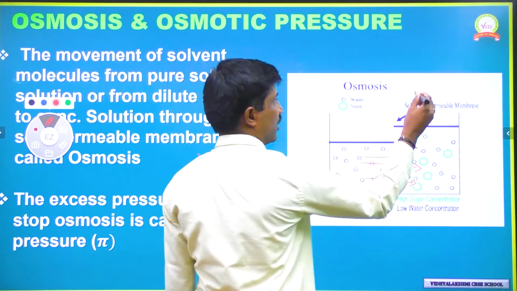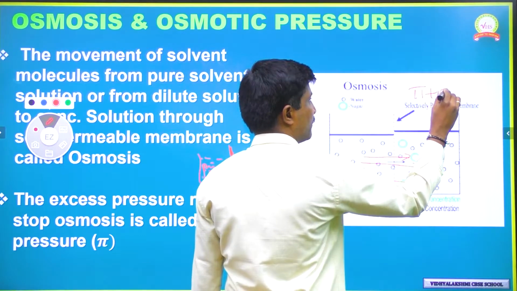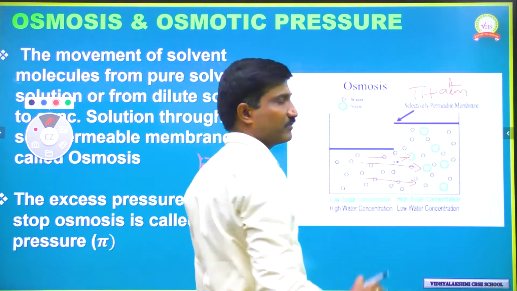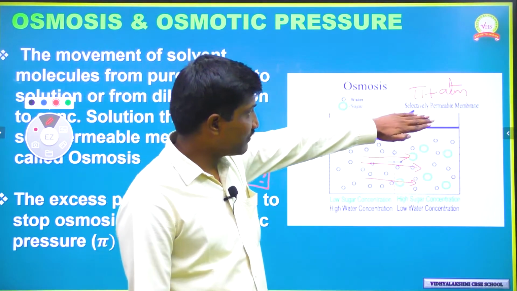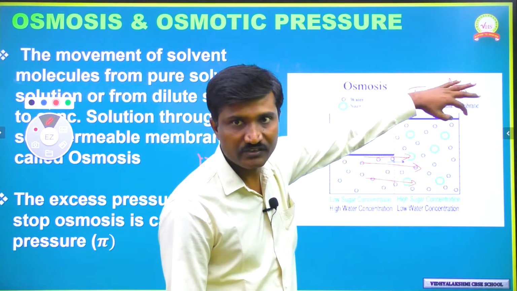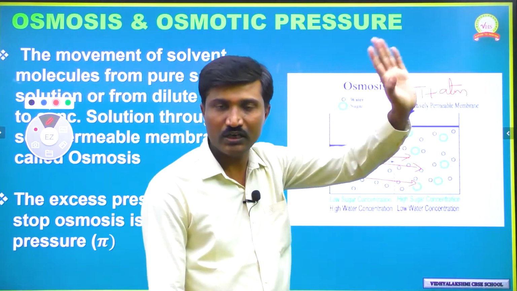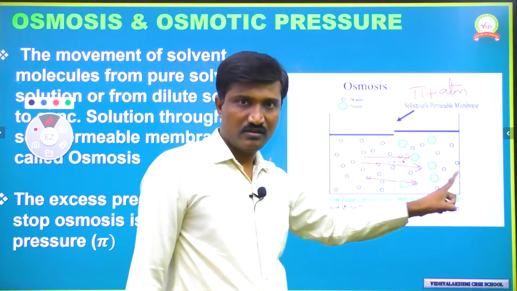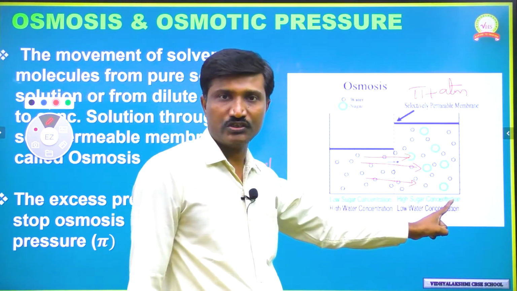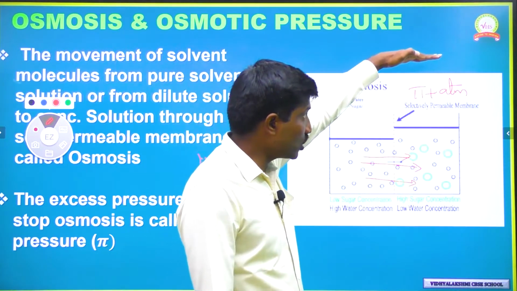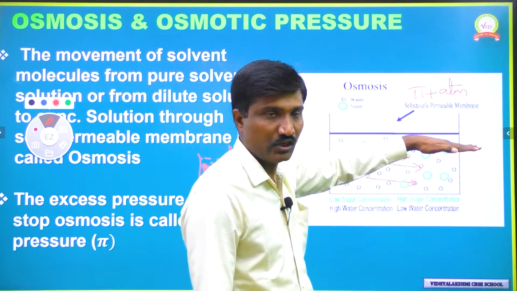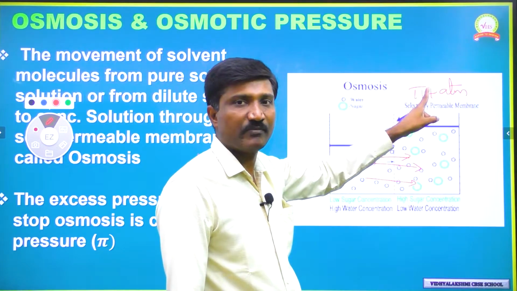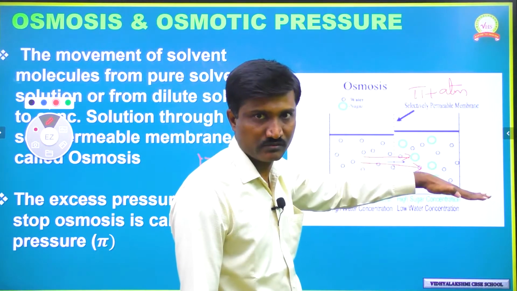We write pi plus atmospheric pressure on the solution side. Some atmospheric pressure is applied on the surface of this solution, but that won't stop the passing of solvent molecules into the solution. We have to apply excess pressure, so that atmospheric pressure plus our pressure are both applied on the solution.